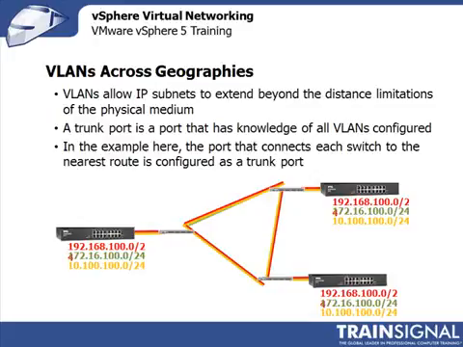Now this is where advanced VLAN configurations come into place, where you can have certain ports on physical switches that are considered trunk ports. And a trunk port, in essence, is a port that has knowledge of other VLANs that exist on other switches. Now, by having those trunk ports, you've made the VLANs that are available on the other switches accessible to this VLAN. Now it can route traffic to it, it can pass communication across it.